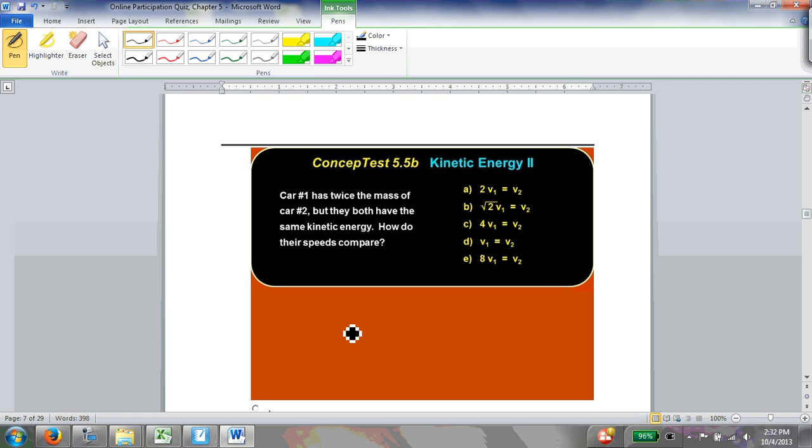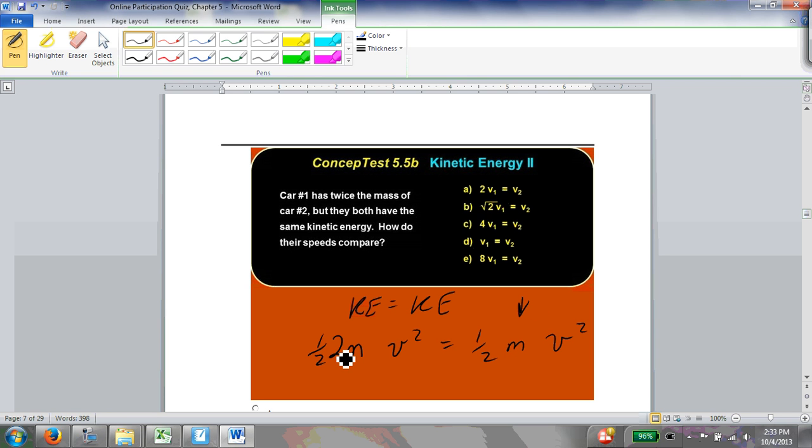Car 1 has twice the mass of car 2, but they have the same kinetic energy. How do their speeds compare? Well, I know that my kinetic energies are the same. This is my expression for kinetic energy. Car 1 has twice the mass of car 2, so we'll say car 2 has mass m.